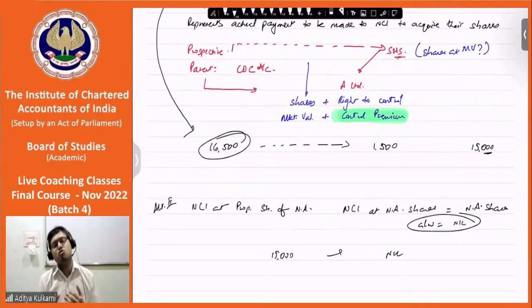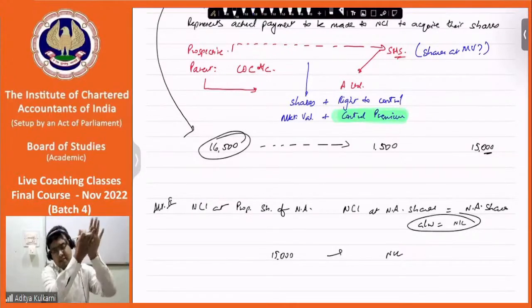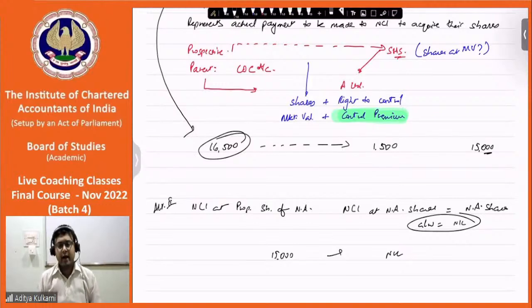My intention is to show NCI at proportionate share of net assets, and that is why we will do the accounting as such. Otherwise we need not follow alternative 2, we can do alternative 1, in which case my NCI appears at the fair value or the market value, and I will also have the goodwill attributable to the NCI, which is ultimately totaled with goodwill attributable to the parent, and it goes as a single consolidated goodwill figure in the consolidated balance sheet.